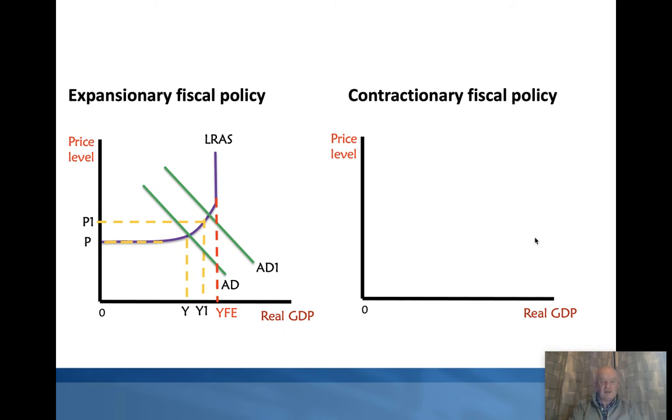So if we've got expansionary fiscal policy, then the hope would be that aggregate demand would move from AD to AD1. And in this instance, clearly, output would move from Y to Y1, and the price of goods is also going to increase because of that extra aggregate demand.